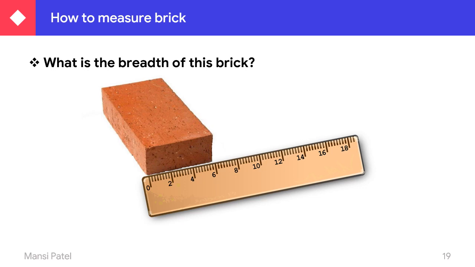So this portion is known as the breadth of the brick. You have to put this brick parallel at 0 and read its end on the centimeter scale. So the breadth of this brick is 6 centimeters.